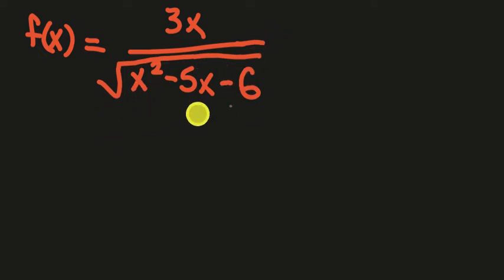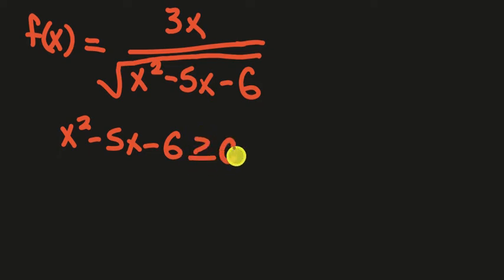So our goal is to set what's inside of the square root to be greater than or equal to 0. And the fact that it's in the denominator tells us that it cannot be equal to 0. So we're going to erase the fact that it can be equal to 0. So we'll have x squared minus 5x minus 6 is strictly greater than 0.